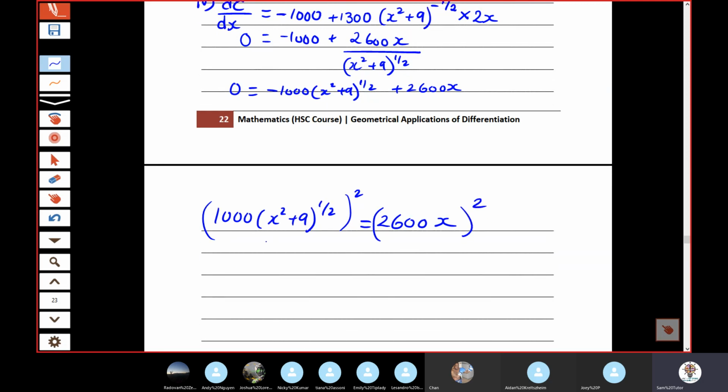What's 1,000 squared? Well, that becomes 1,000,000. x squared plus 9. 2,600 squared should be 676. 6,760,000 x squared. Should be.